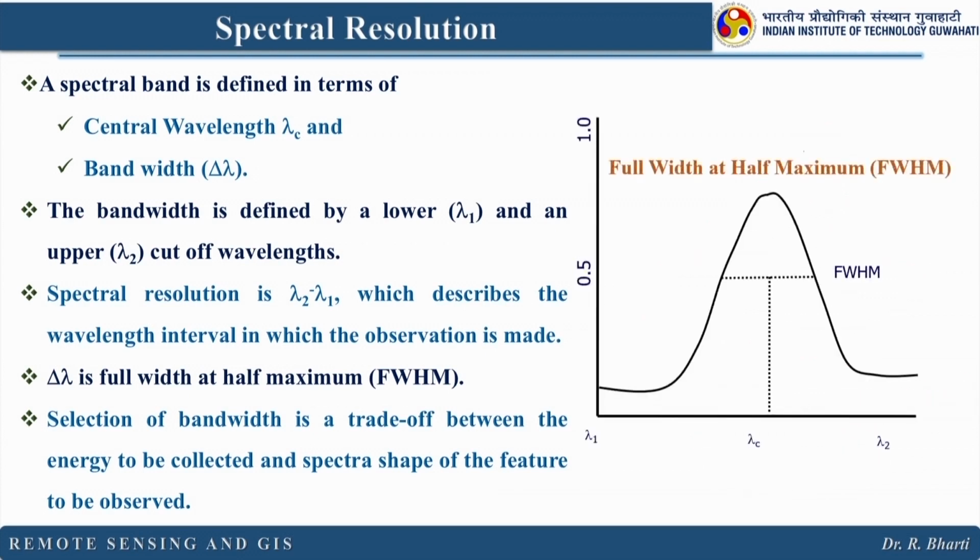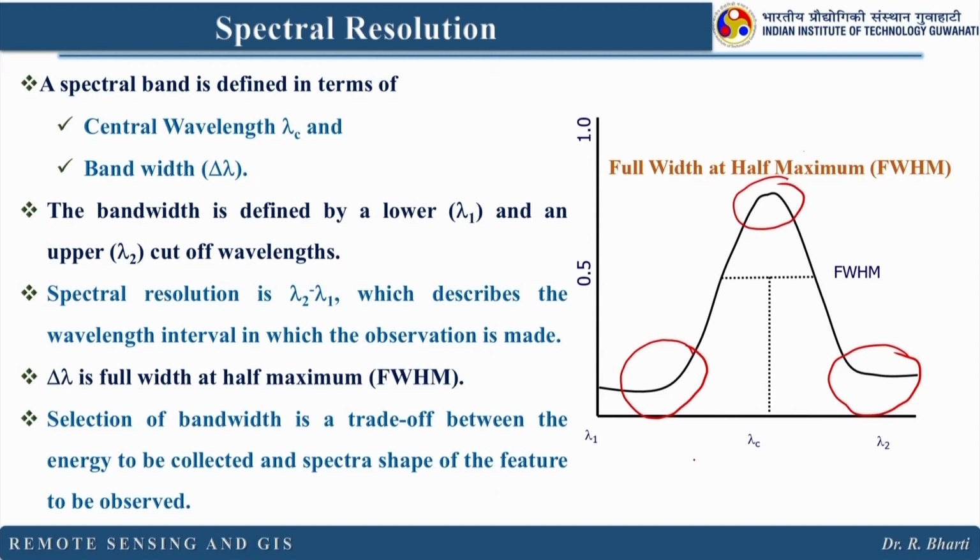So, here is the concept of FWHM, full width at half maxima. If you plot the sensitivity of a detector, it will look like this. In this area it has very little sensitivity, but in this area it has maximum sensitivity.